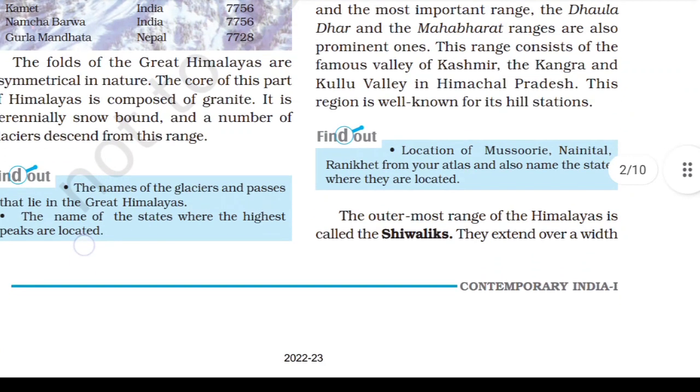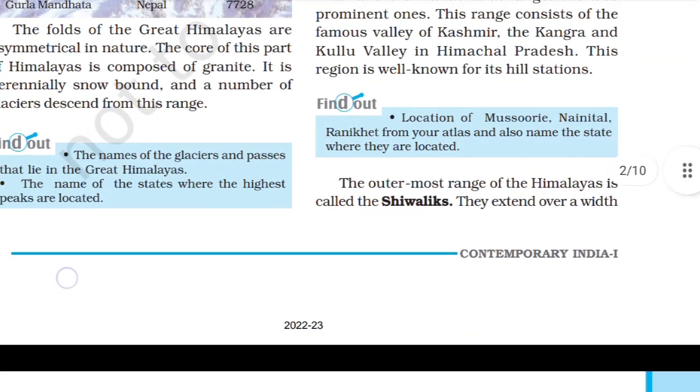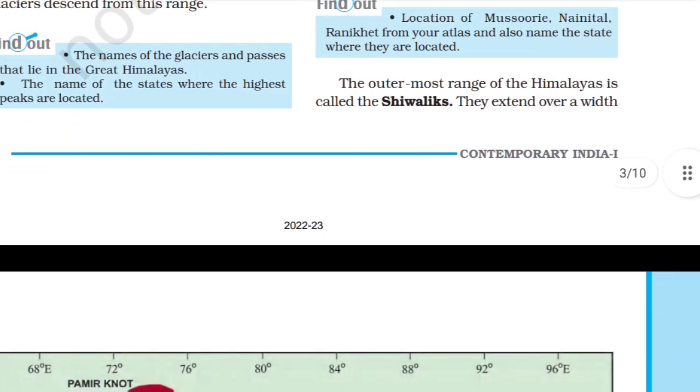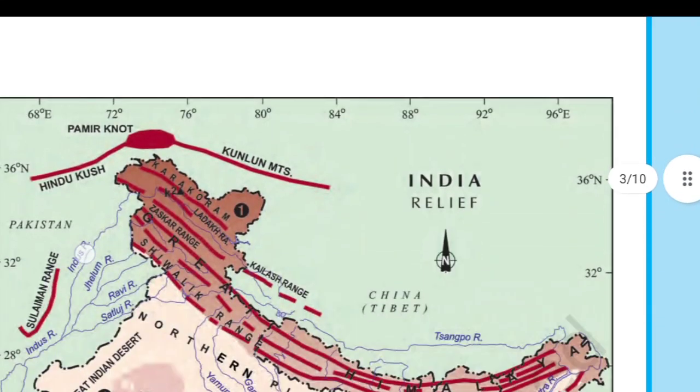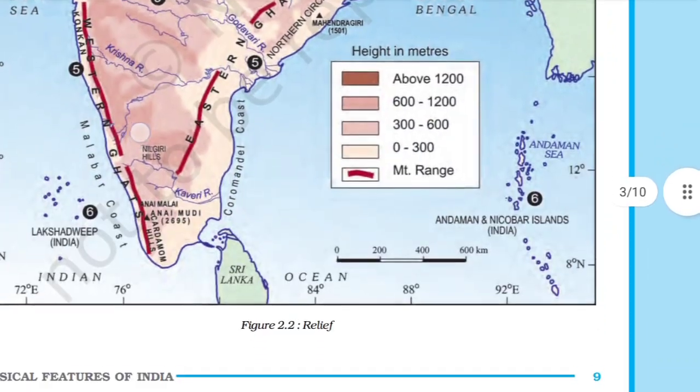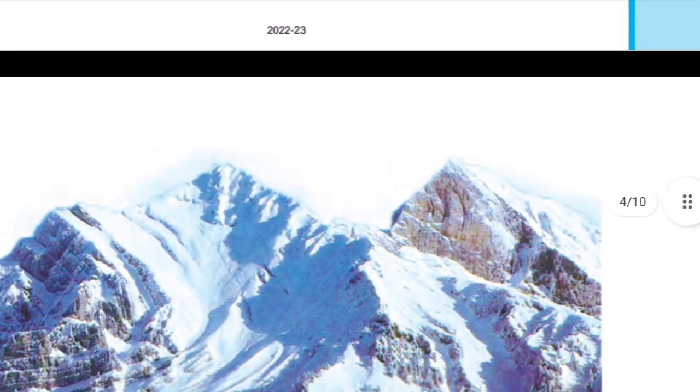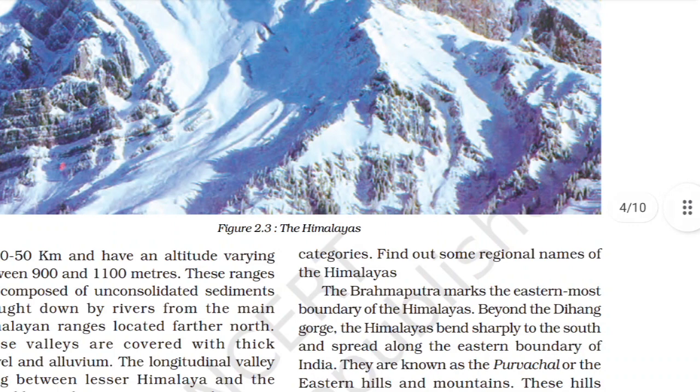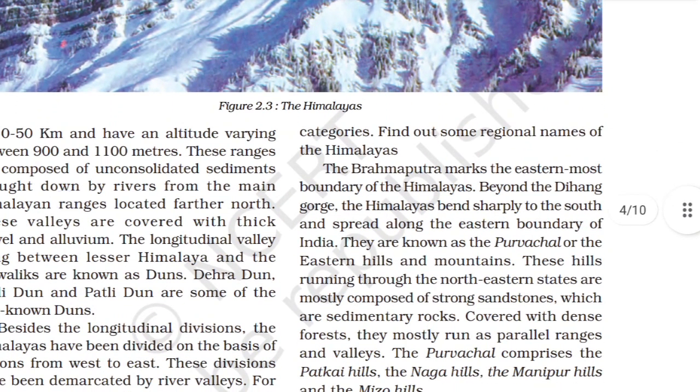The outermost range of the Himalayas is called the Shivaliks. They extend over a width of 10 to 50 kilometers with an altitude varying between 900 to 1100 meters.